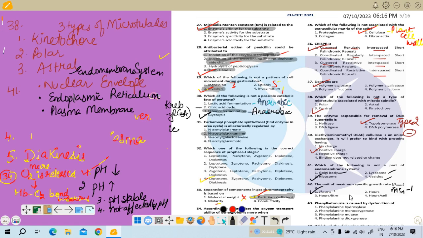Then 43rd, phenylketonuria is caused by dysfunction of phenylalanine hydroxylase, phenylalanine monooxygenase, phenylalanine mutase, phenylalanine dioxygenase. This is from the chapter human health and diseases. Phenylketonuria is caused by the dysfunction of phenylalanine hydroxylase.